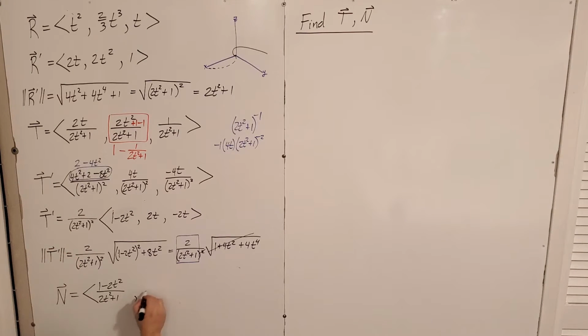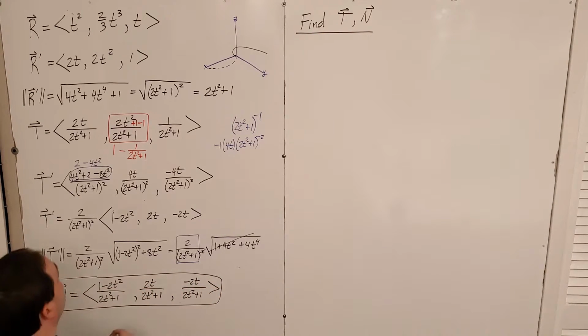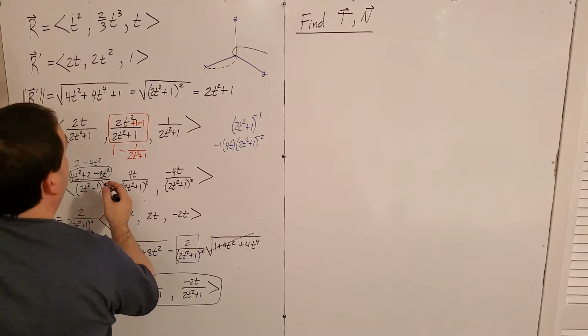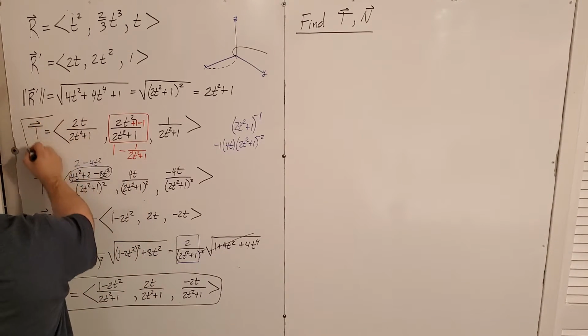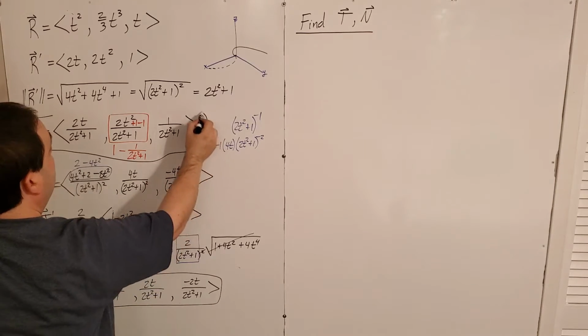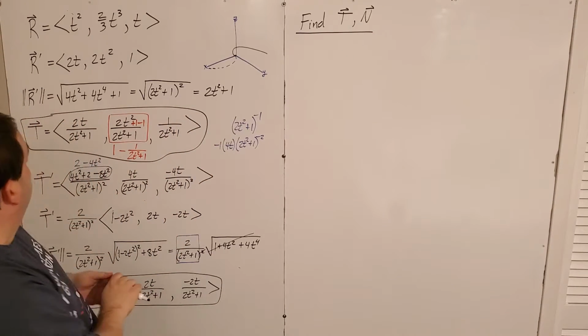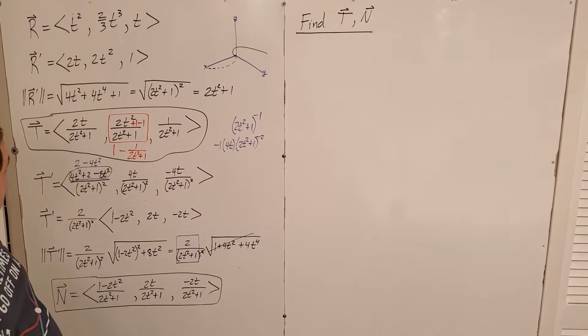Okay, next, 2t over 2t squared plus 1, and lastly, negative 2t over 2t squared plus 1. Okay, so here's my n vector at any point t, and I have my t vector at any point t. So I've got my unit tangent and normal vectors there.